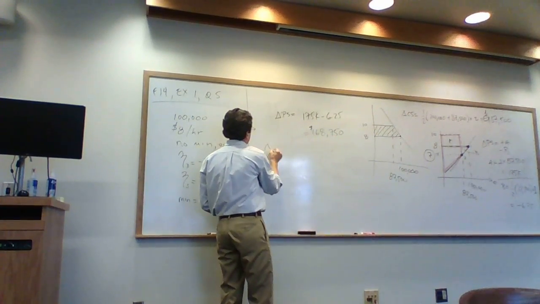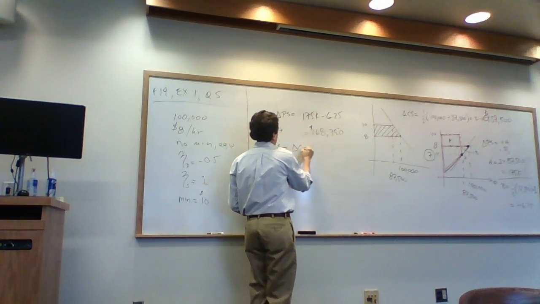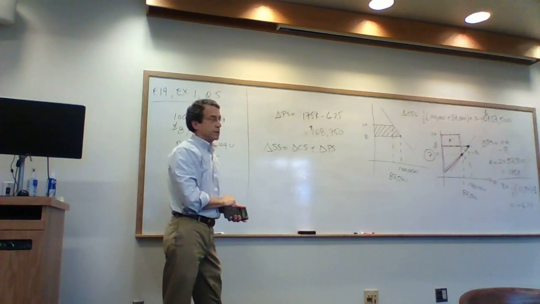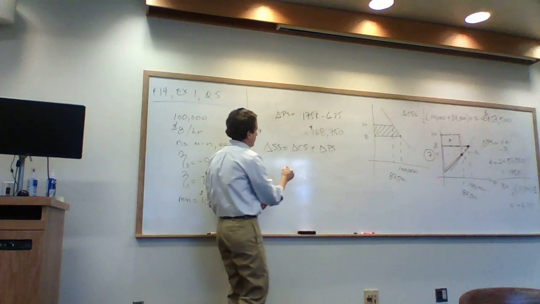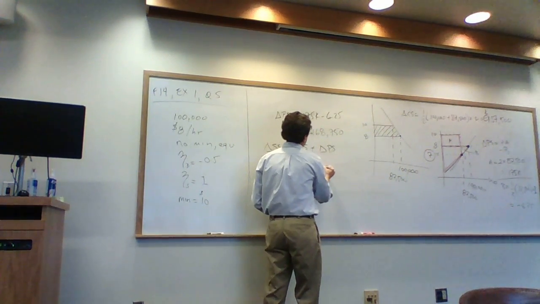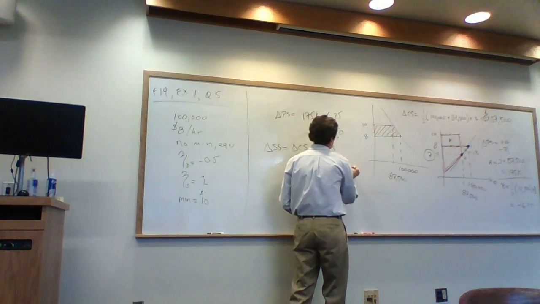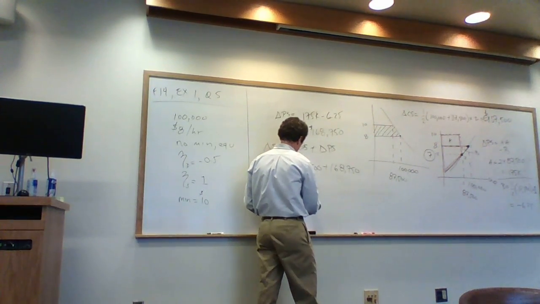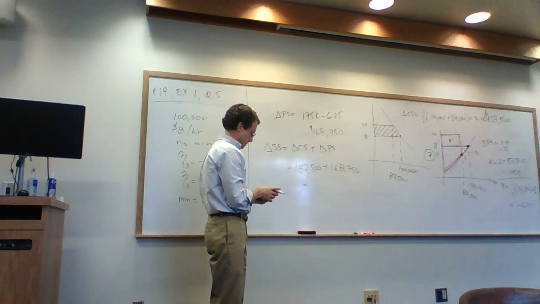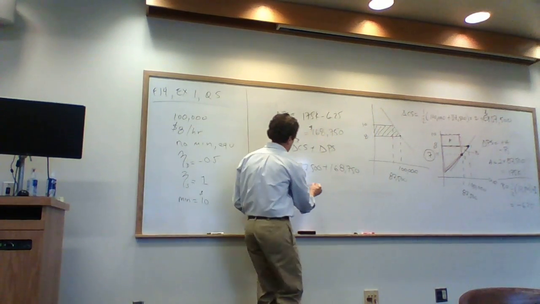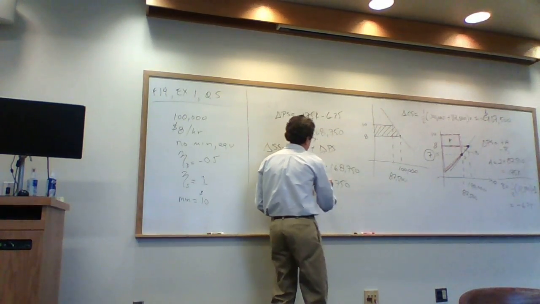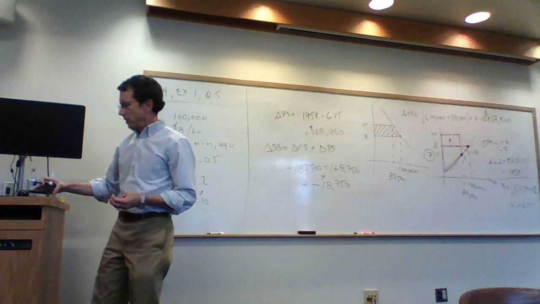And then the total change in social surplus is just the sum of the two pieces. Or a loss of a little under $19,000.